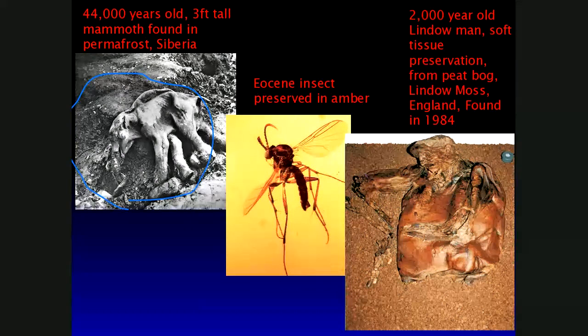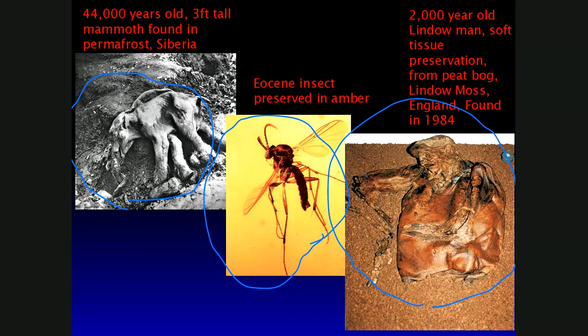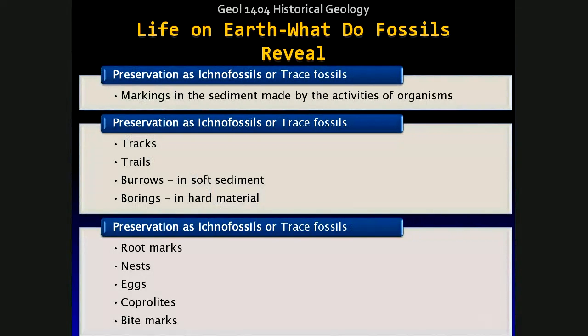And what we see here is an Eocene age insect, so that is a tens of millions of years old insect, but you can see it is well preserved inside amber. And this is half of the body of a 2,000 year old man, right? Found in a peat bog, right? Peat bog indicates a swamp environment.